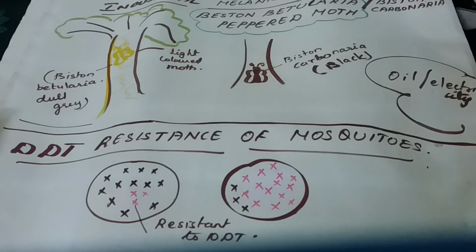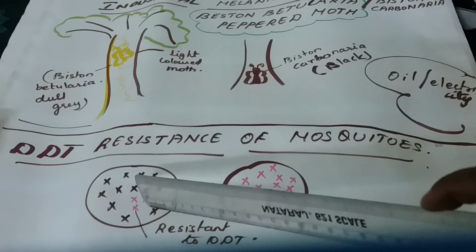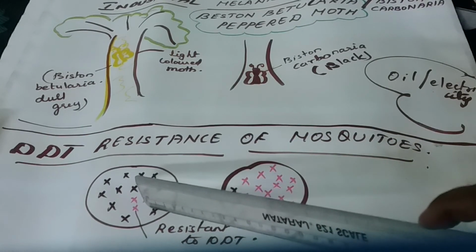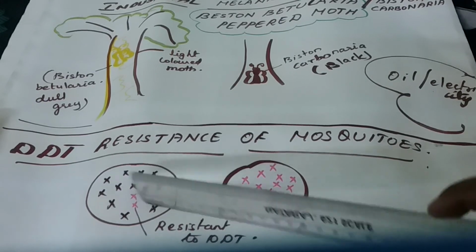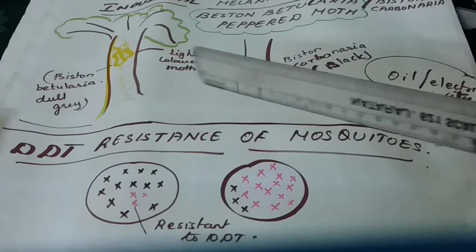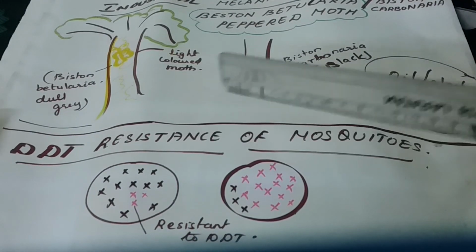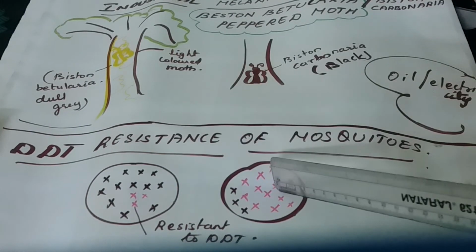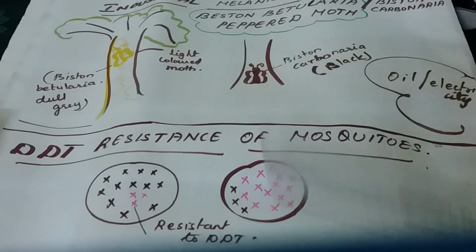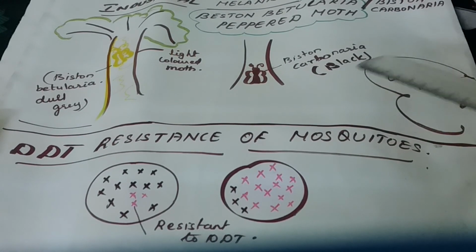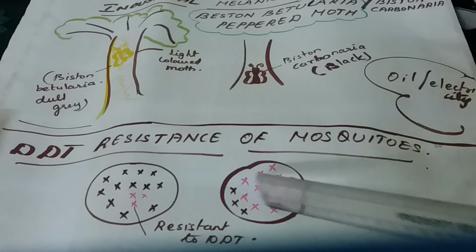Before the DDT was used, the population of mosquitoes which had the resistant genes was very less. The number of such organisms with that resistant power was very less. But when DDT was used, the mosquitoes which had the DDT resistant power increased, whereas the other ones died. Due to the usage of DDT, this population increased.